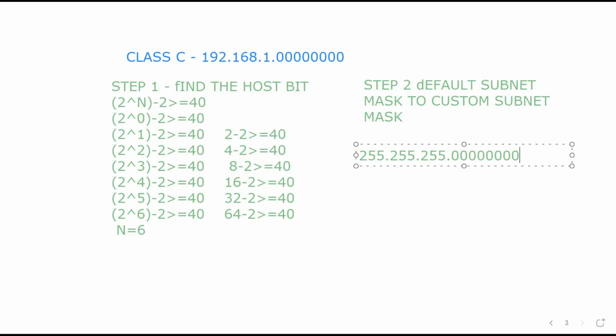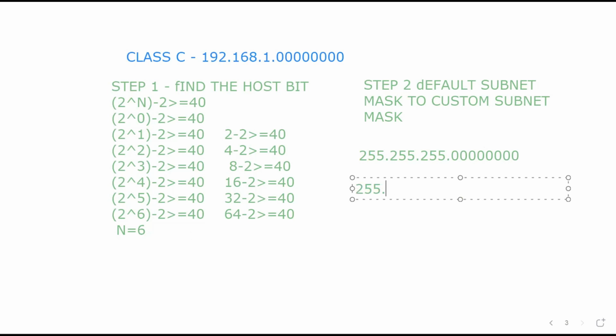Then put the last 6 bits, what's our n value? 6. So the last 6 bits are host bits and the others go to network bits.